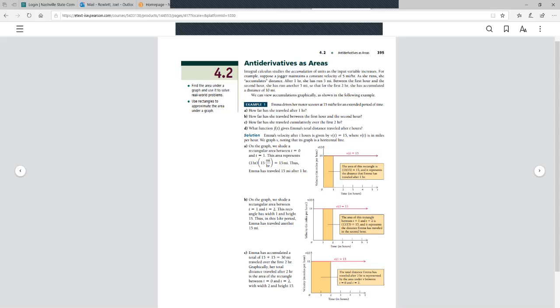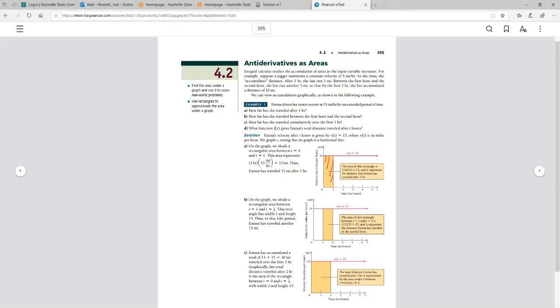Remember, if we take the integral of the velocity, that gives us the distance equation. The interesting thing here is that the area underneath the velocity equation gives us the total distance traveled. Think about that again. If we take the integral of the velocity, it gives us the position equation. But the integral also models for us the total distance traveled during that time.